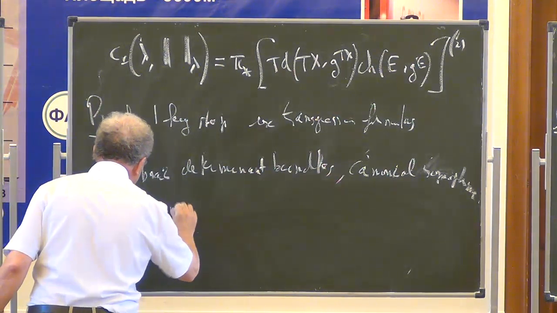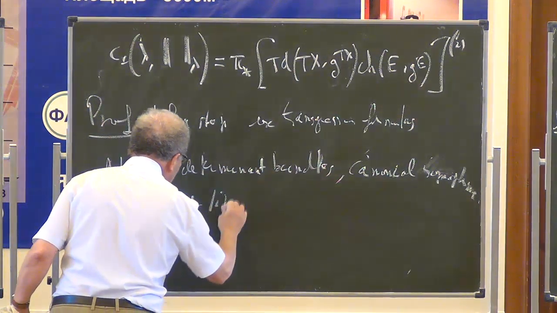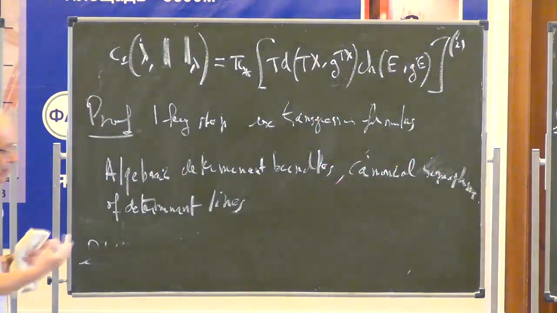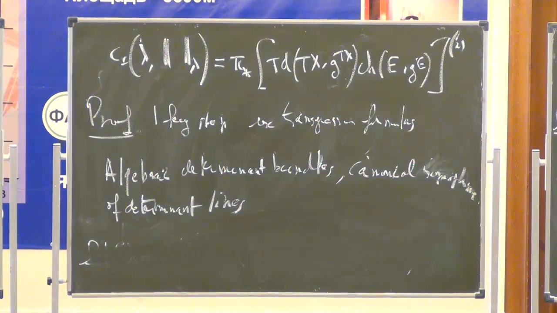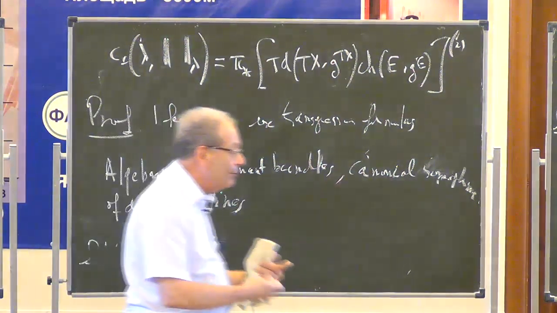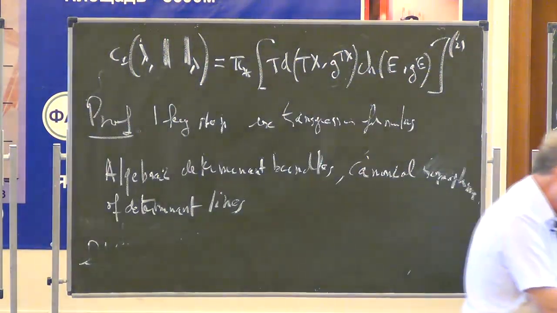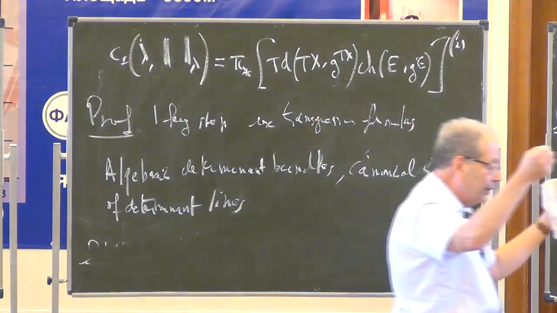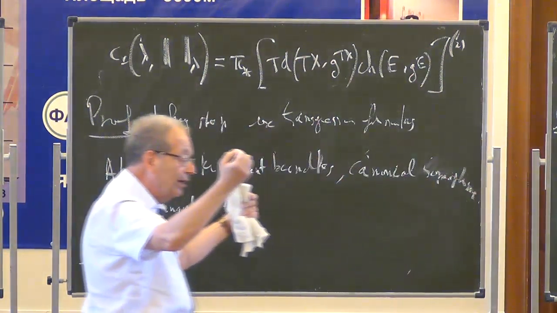Now, on the other hand, our determinant lines become equipped with metrics. And the question is to know to what extent the canonical isomorphism of determinant lines transfers to an isometry or not. Generally, certainly you do not expect this. For instance, you can have the determinant of cohomology of a small manifold, which is canonically isomorphic to the determinant of cohomology of a big one.